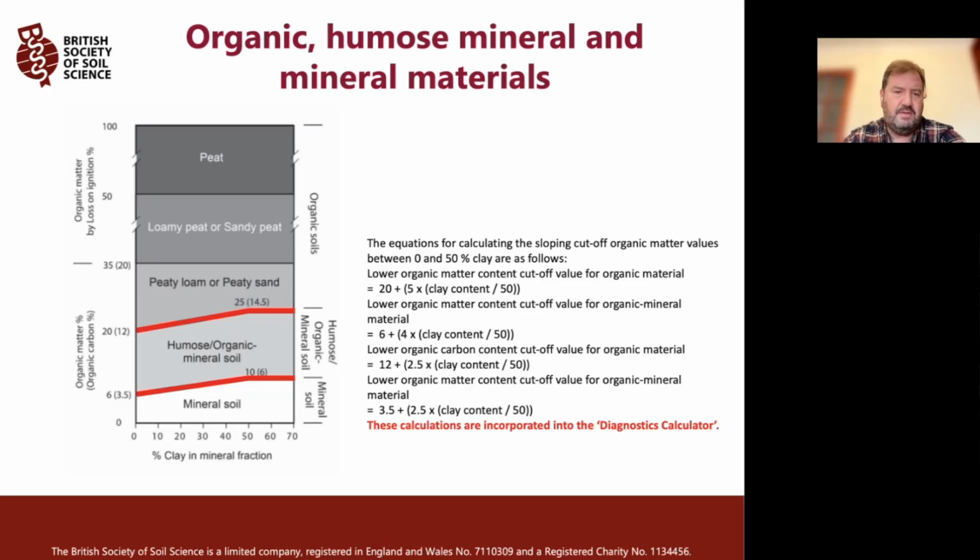And you can see here a sort of a diagram which allows us to roughly characterize whether we're talking about peats or loamy peats, sandy peats, depending on the proportions of the different elements in them. So there's a little calculator you'll find in the soil survey book that helps identify those.